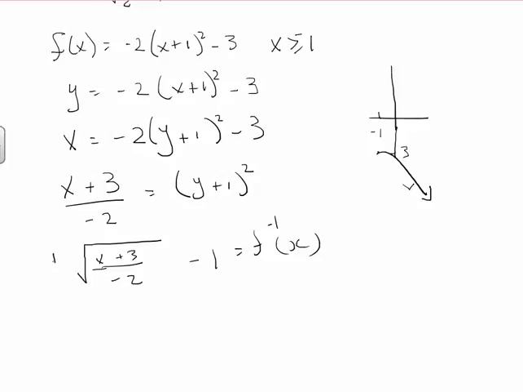Remembering that we technically have a plus and a minus out front, but if we only want the right side, we can't have both because it would not give us a function when we inverse it. We get rid of the negative so that we just have the top part, which gives us the right side of the original equation, the top side of the inverse.